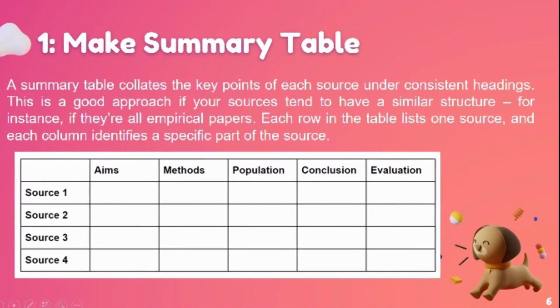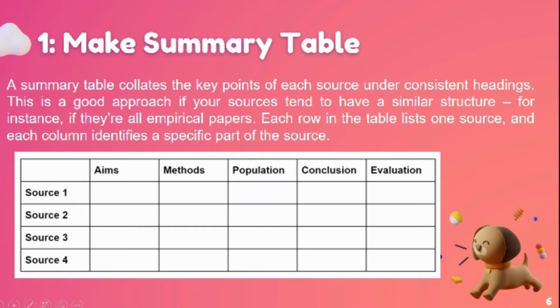There are two ways to organize the sources of the information we receive. The first is to make a summary table. A summary table collates the key points of each source under concise headings. This is a good approach if your sources tend to have a similar structure, for instance, if they are all empirical papers.